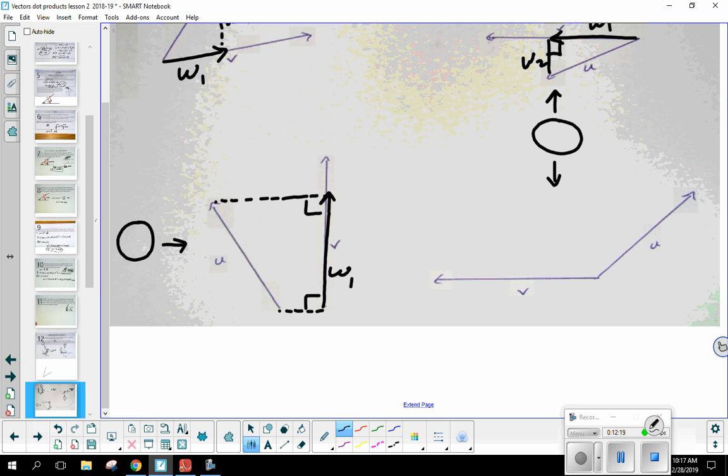So if I were to go ahead and shine down, where's the shadow going to be? Will it be on V itself this time? No. So it's still going to be parallel to it, but this is where the shadow would be. Okay, so that would be W1. Now if I connected that perpendicular to U, that's W2.